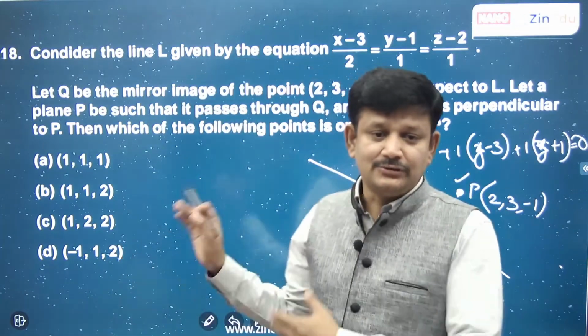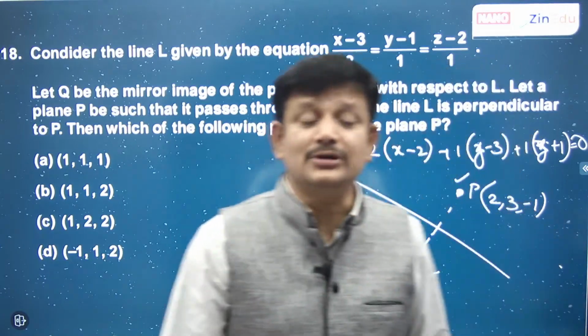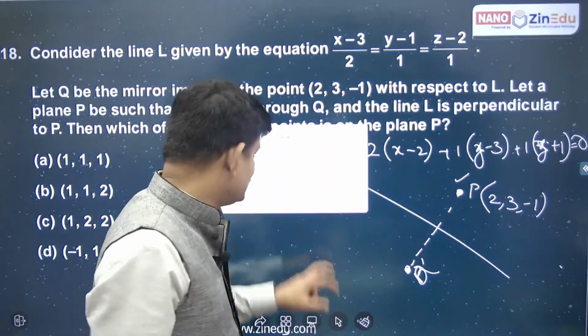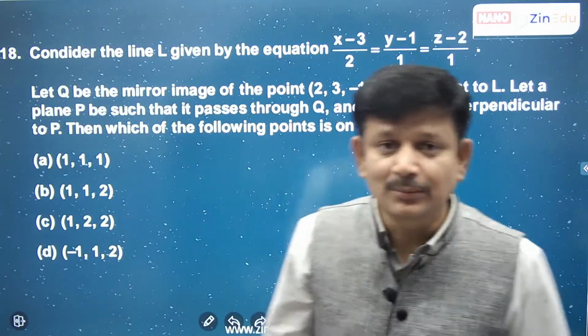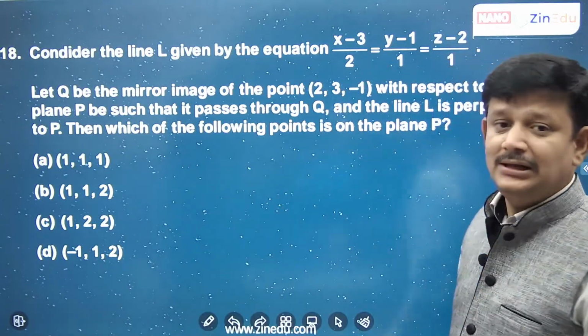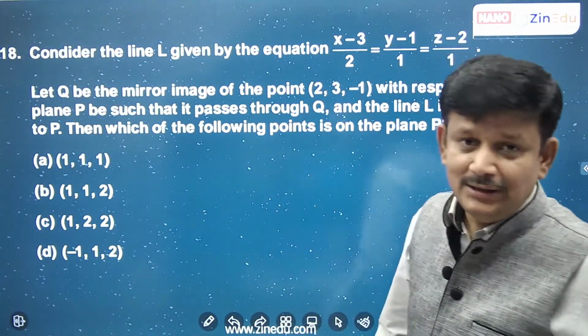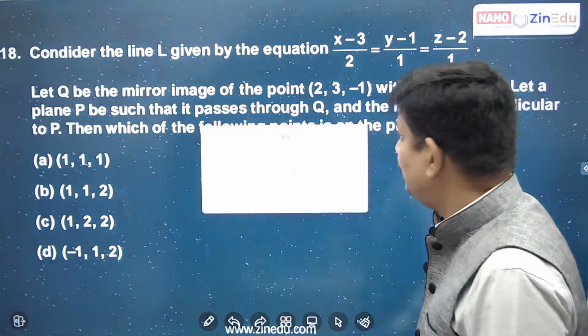This is the plane equation. Now substitute the points and see which are satisfied and which are not. Very simple question. So instead of wasting time on finding Q, you can directly think of the plane in a proper way.